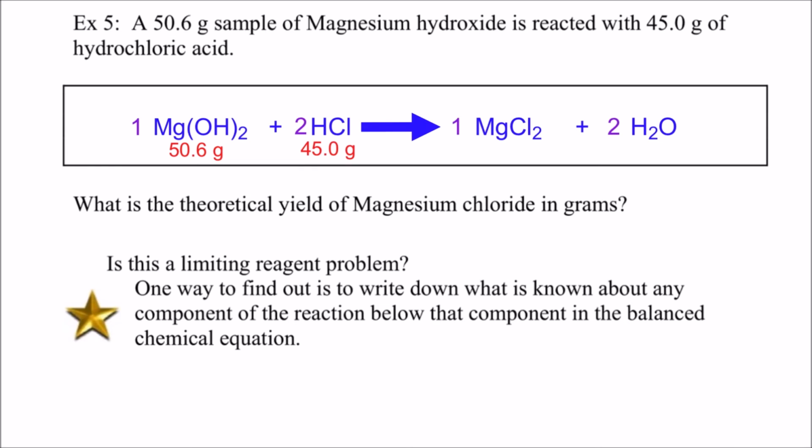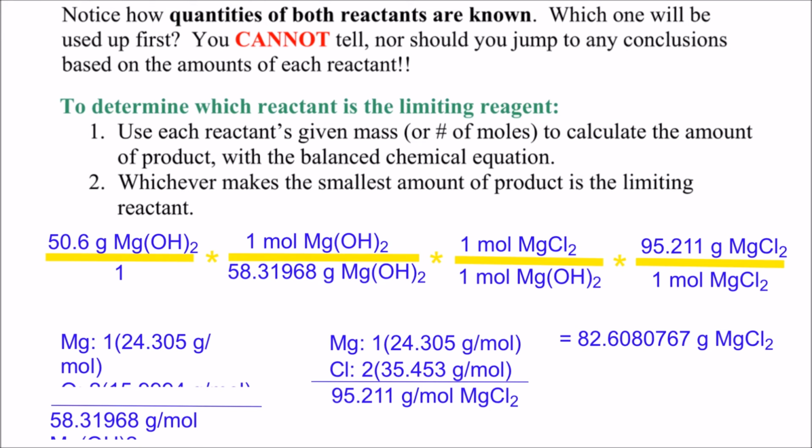But they actually asked me about the yield of magnesium chloride, so there's no sense in basing my limiting reagent calculation off of water and then having to do it all over again for magnesium chloride. So I'm going to pick the magnesium chloride as the product. Okay, so here is the theoretical yield for magnesium chloride based off of magnesium hydroxide as the starting material.